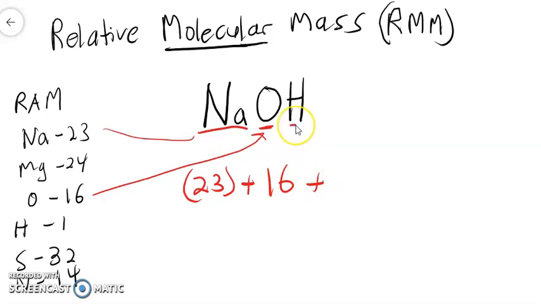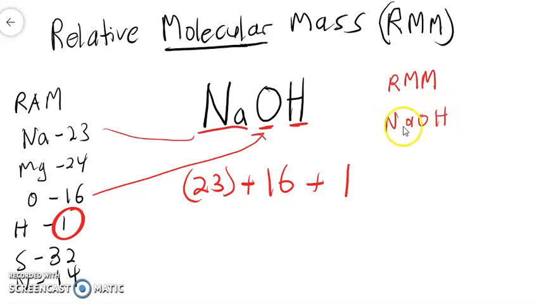We add hydrogen, which is 1. So the total RMM for NaOH, sodium hydroxide, when you add all, you'll be getting 40. So this is your answer.